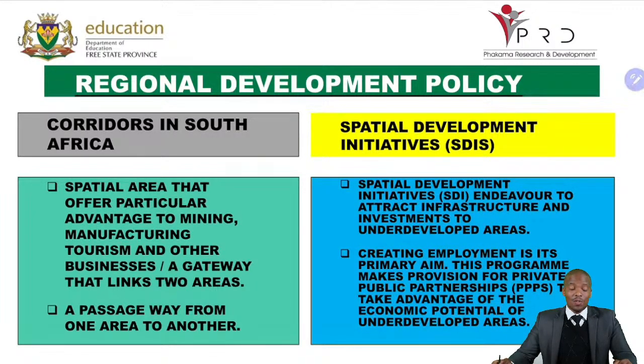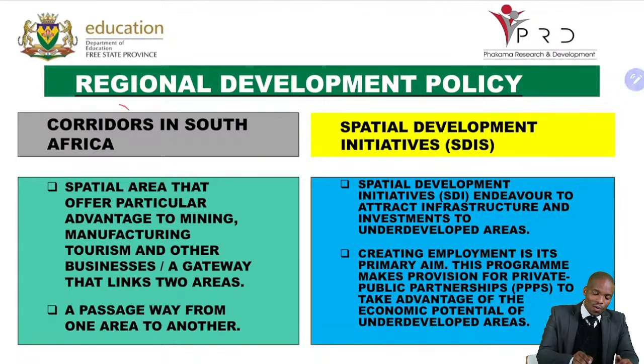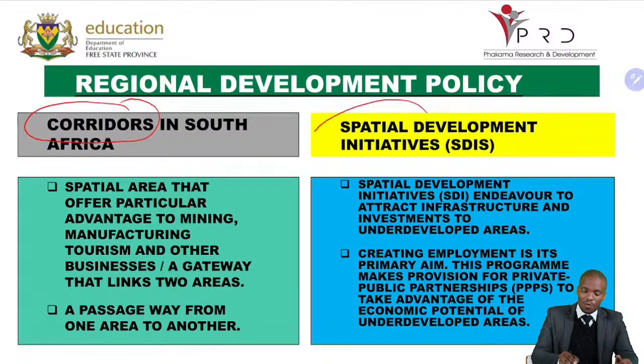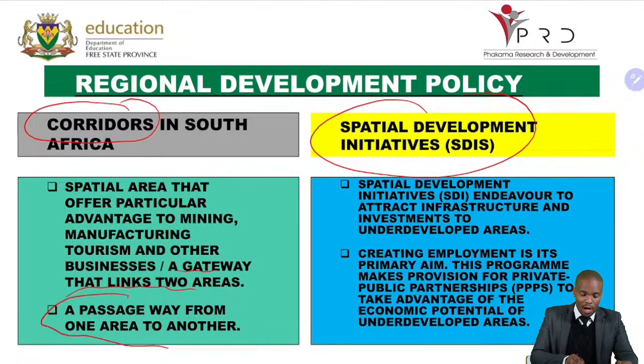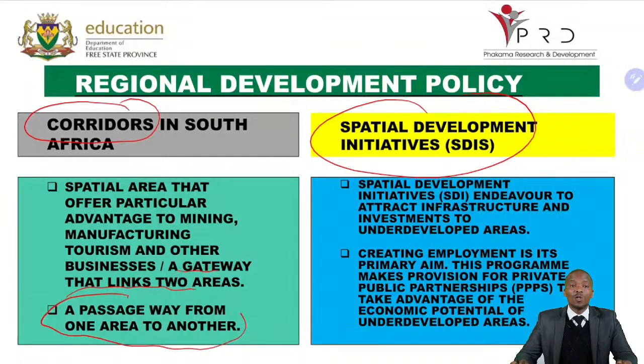Okay, then let's look at the grade 12 regional development policies. These regional development policies will look at what we call corridors and what we call the spatial development initiatives, where we said a corridor is a passageway that links two areas, or when you are defining it, you will say it's a passageway from one area to another.